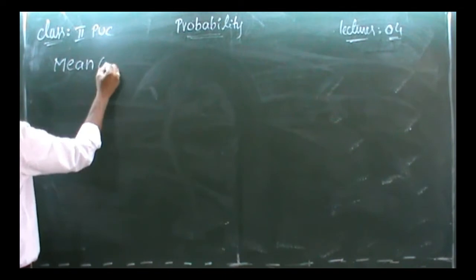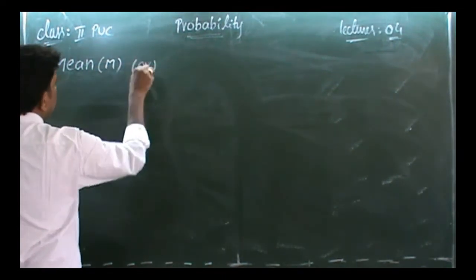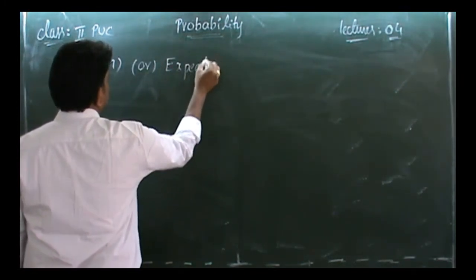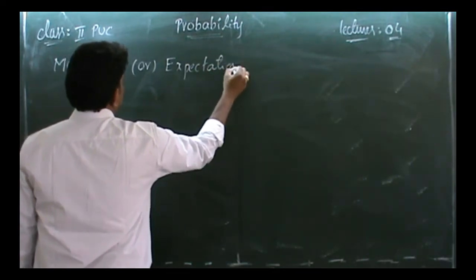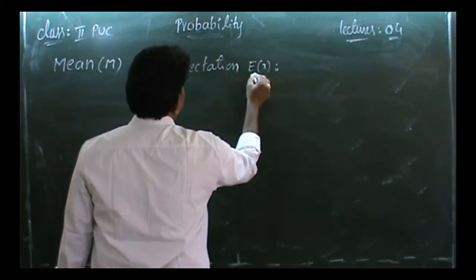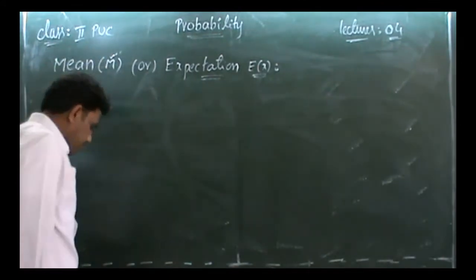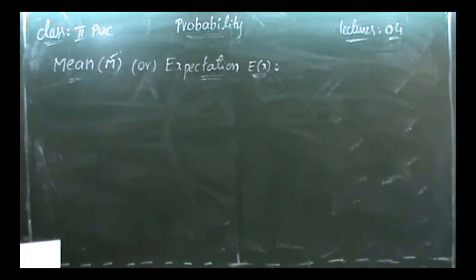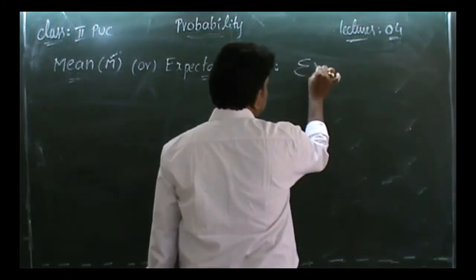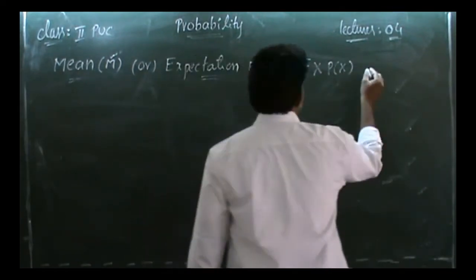Mean is represented by the letter M. For this one, another name is also there: the expectation. Expectation is denoted by E of x. So mean means M, expectation means E of x. Both are the same. The formula is summation of x into P of x. This is the formula. Another formula is also there.